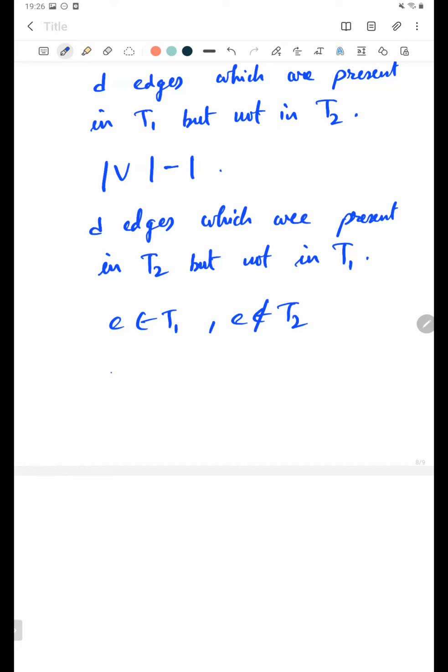So after removing an edge which is present in T1 but not in T2, and then adding some edge from T2 to restore the connectivity of the tree, we will obtain some other spanning tree, T3, say.